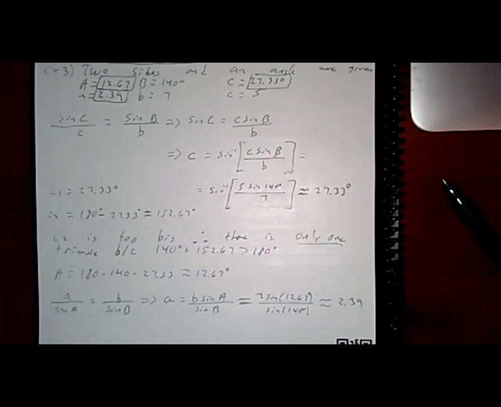All right, so I didn't mention something. On examples 1 and 2, we did not check if there's 1 or 2 triangles or none, because we were already given 3 angles, meaning the triangle existed. We don't have to worry about possible other angles.